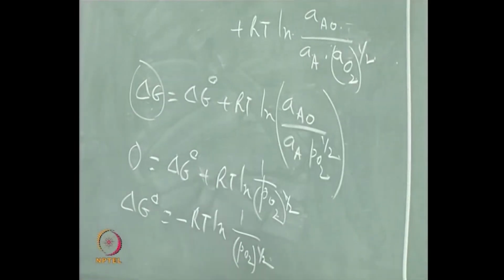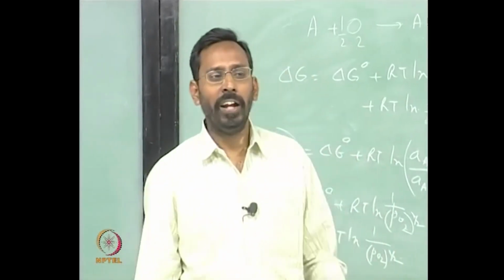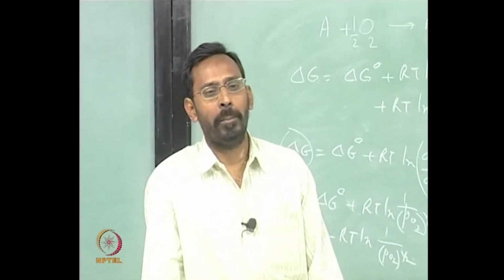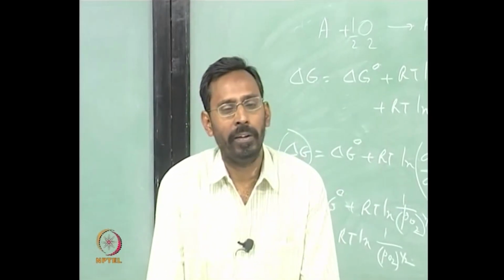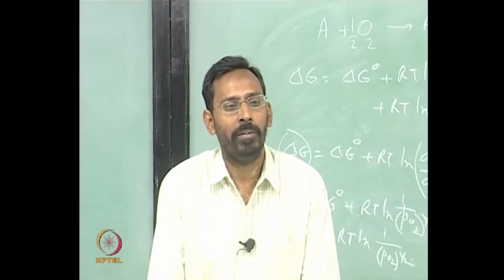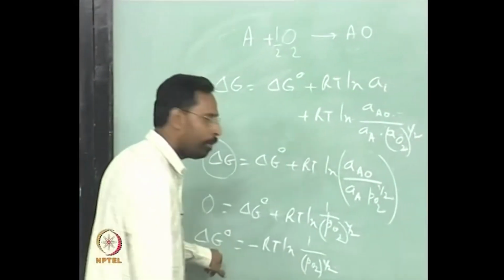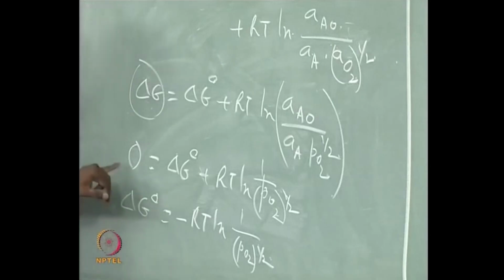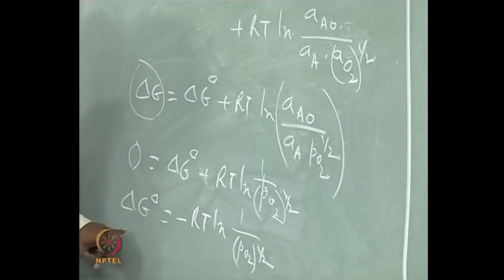What do I get from the DSC? Delta H of the reaction I will get, and if I know the temperature of the reaction and the entropy of the reaction, in principle I will be able to get the delta G. So, either measure the delta G or measure the PO2, and you can see both of them are related to each other.